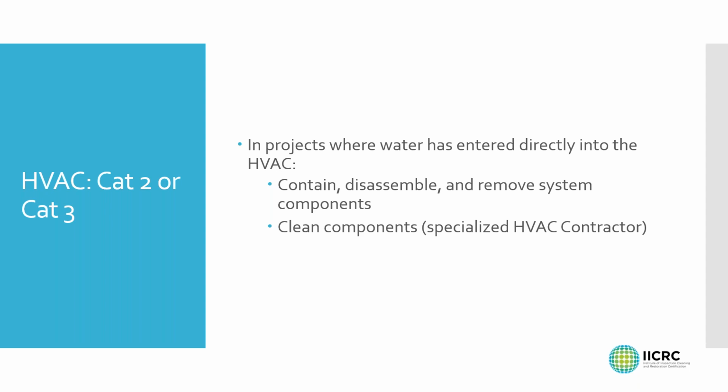So if you are not somebody that is a professional in, say, duct cleaning or HVAC cleaning, you should hire somebody that has that profession that can clean the components whenever Category 2 or 3 water has entered those components.